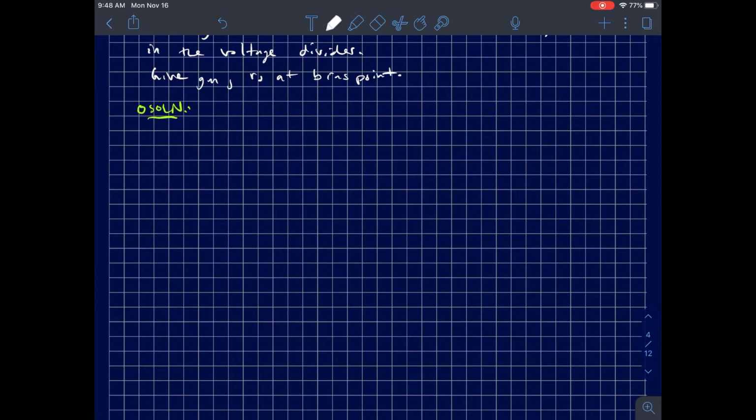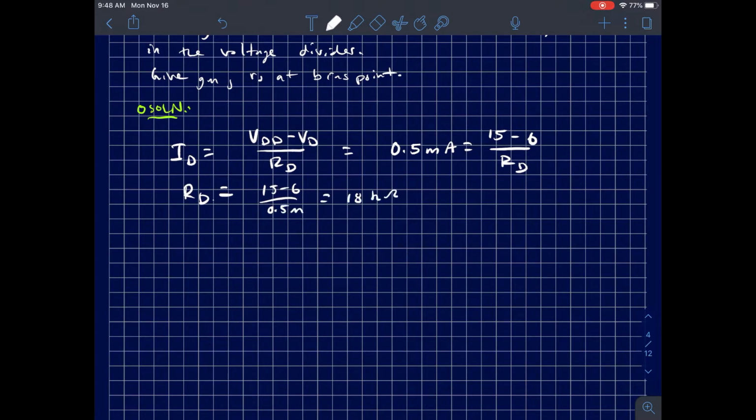In order to solve this problem, I need to remember that ID can be found by taking VDD minus VD over RD. I have values for most of these things. I know that ID is 0.5 milliamps, VDD is 15 volts, and VD is 6 volts. And so RD is going to equal 15 minus 6 over 0.5 mA, which is 18 kiloohms.